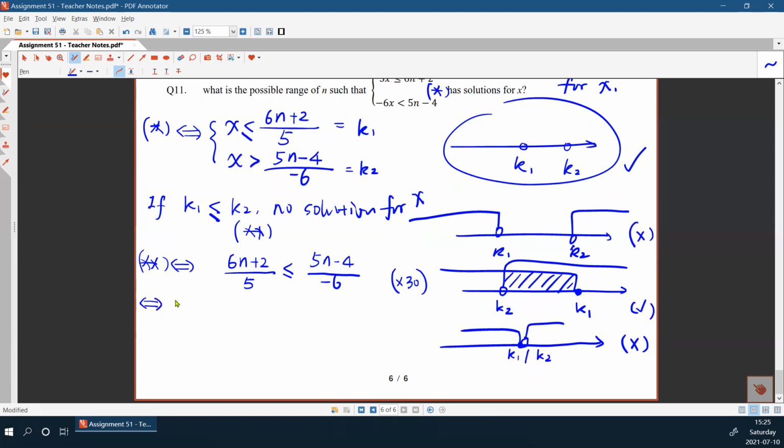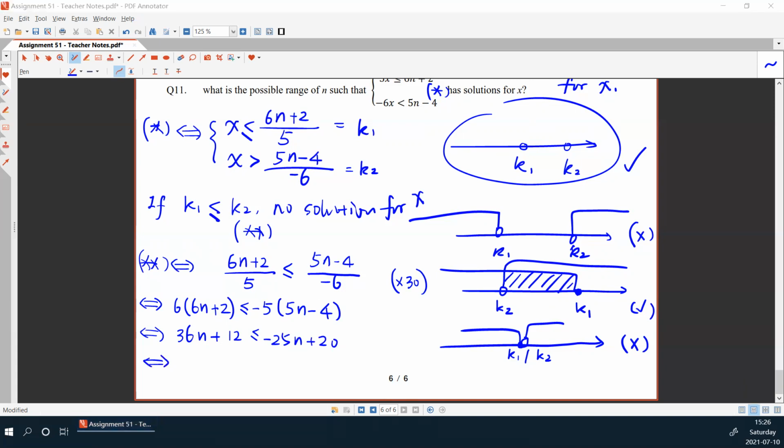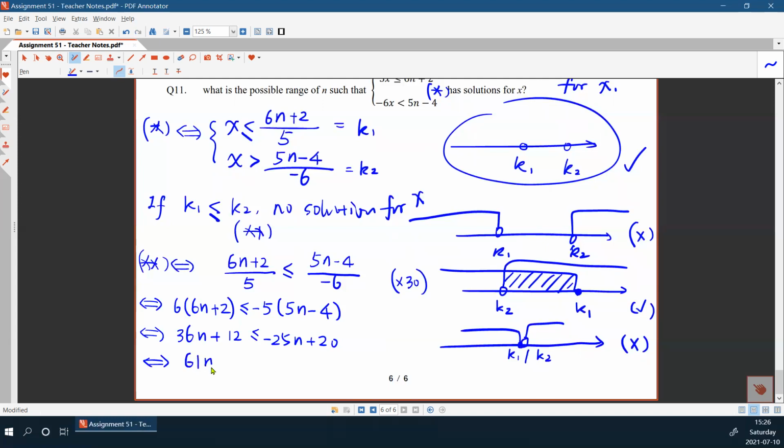So this is equivalent to left-hand side becomes 6 times (6n plus 2), smaller than or equal to minus 5 times (5n minus 4), which is equivalent to 36n plus 12, smaller than or equal to minus 25n plus 20, right? Okay, so this is equivalent to, 36 plus 25 is 61n, smaller than or equal to 20 minus 12 is 8.